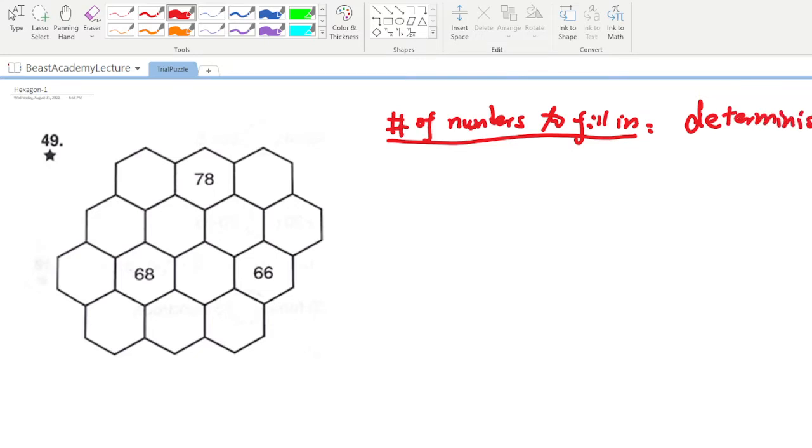You can use the chat box, or you can just unmute yourself, okay? Can anybody tell me how many numbers we are going to fill in?